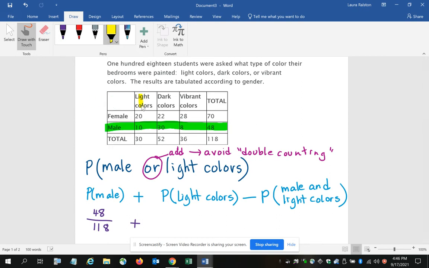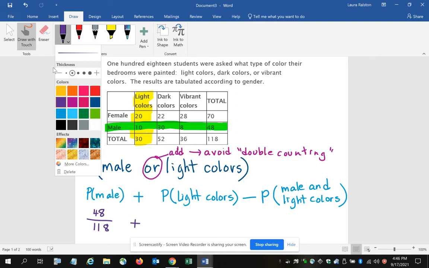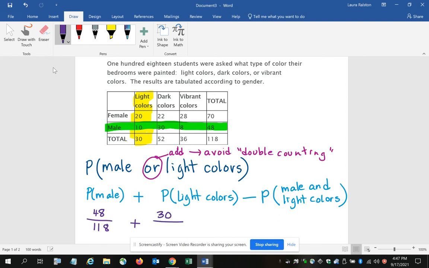If we look at light colors, there were 30 students who had their room painted in light colors out of the 118 students.